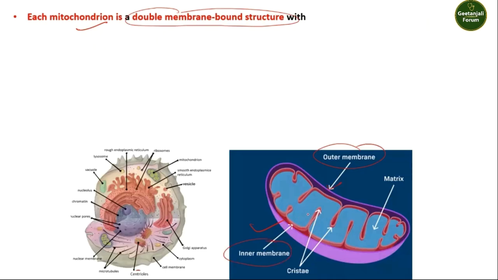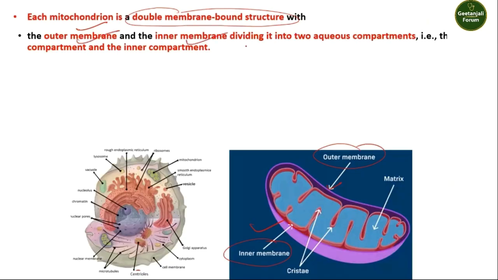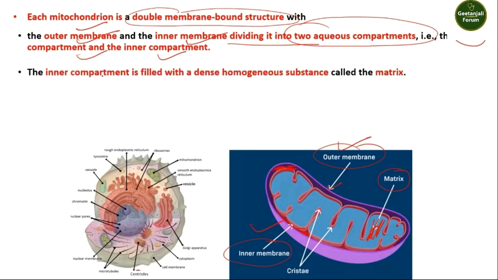So it has a double membrane, dividing it into two aqueous compartments, one outer compartment and one inner compartment. This inner compartment is also known as matrix, and this area between the membranes is the second compartment. The inner compartment is filled with homogeneous substances, which are known as matrix.